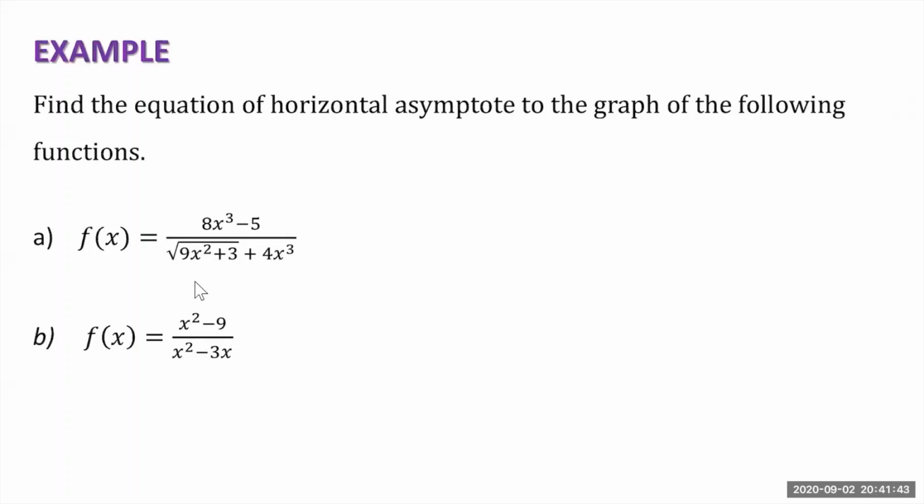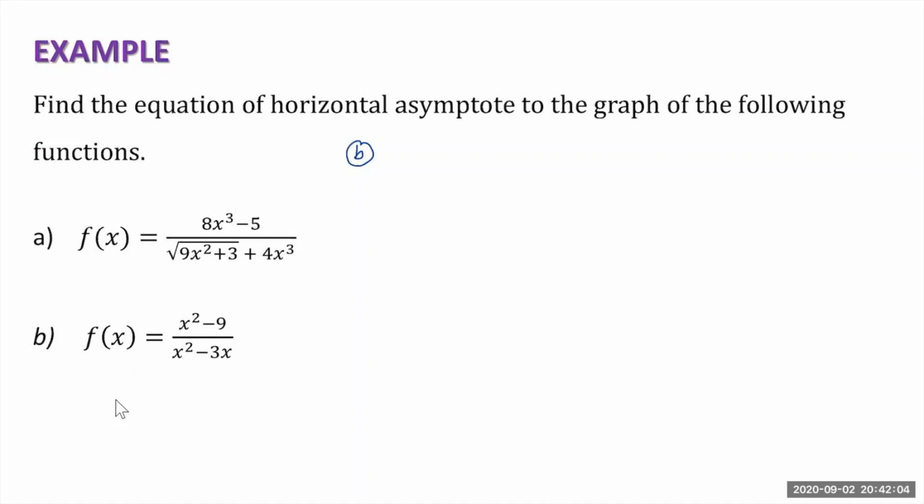Now we have some idea on finding the equation of the horizontal asymptote. So let's try to find the equation of horizontal asymptote for these two functions here. Let's begin with part A. We know that in order to find the equation of horizontal asymptote, we have to find the limit as x approaches positive or negative infinity.